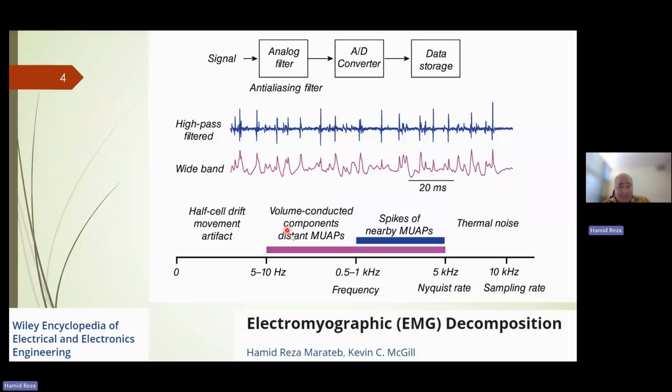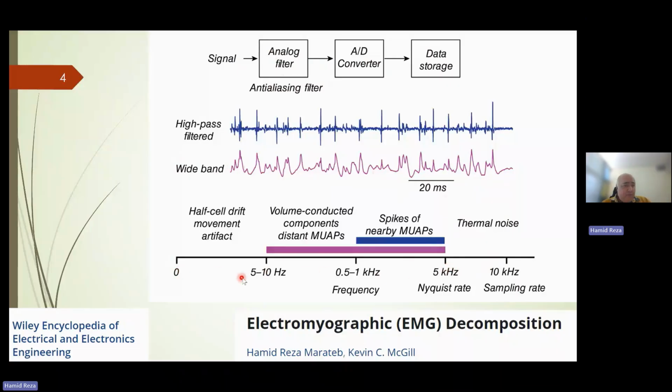The bandwidth of the signal contains a lot of information. Suppose that you record the signal at a 10 kilohertz sampling rate. So the bandwidth of the signal is limited to 5 kilohertz, and this analog filter, which is called the anti-aliasing filter, limits the frequency in order to have a good signal for processing.